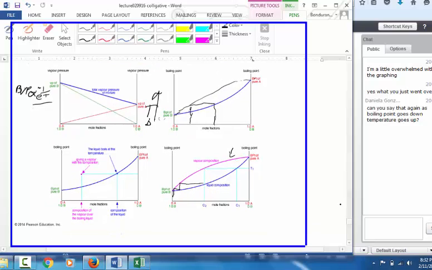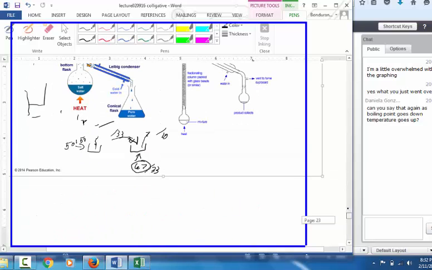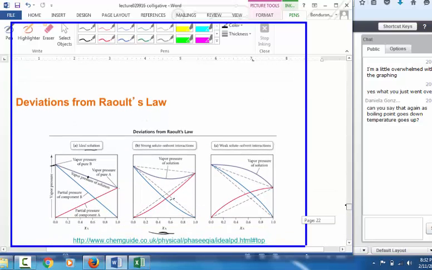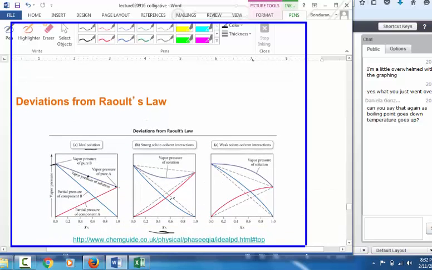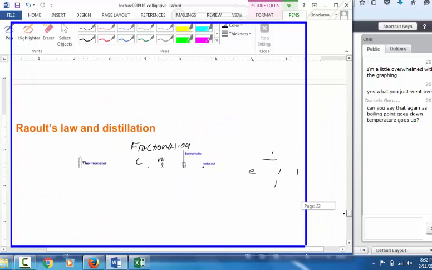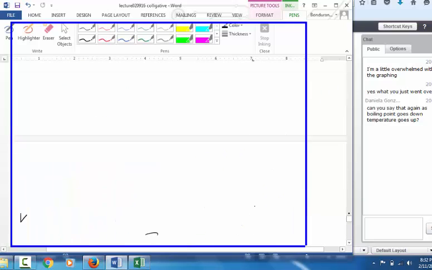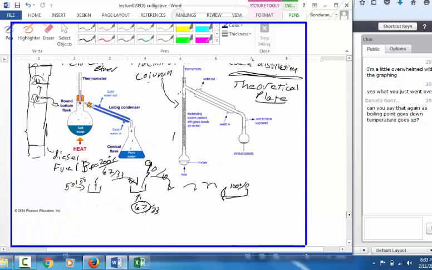As I'm saying here, as vapor pressure goes down, if you have something with a low vapor pressure, the boiling point increases. So if you look at this vapor pressure graph up here, this piece has a vapor pressure that's lower, and that part of the solution maps into a boiling point that is higher.